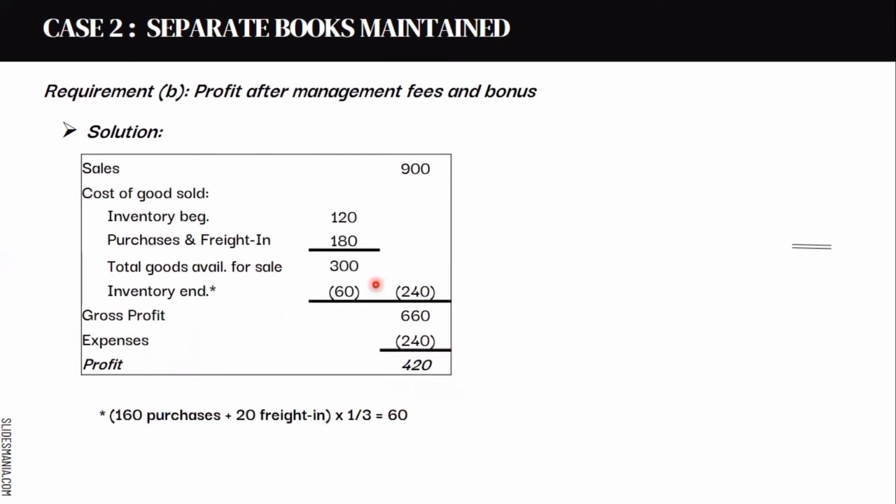How did we get the 60? Didn't the additional info say earlier that all inventories are sold except 1/3 of C's purchase? So 160 purchase plus 20 fit-in, so 180 was the purchase earlier. Multiply that by 1/3. So we have 60 pesos of unsold merchandise.